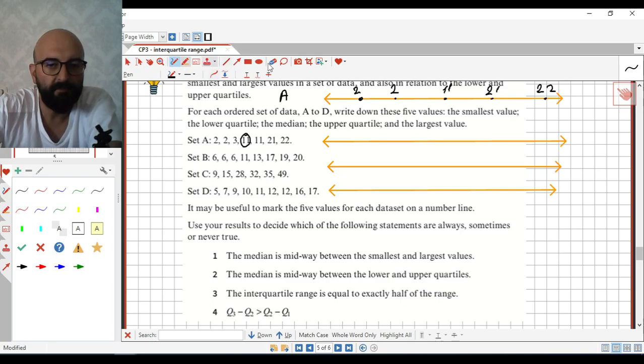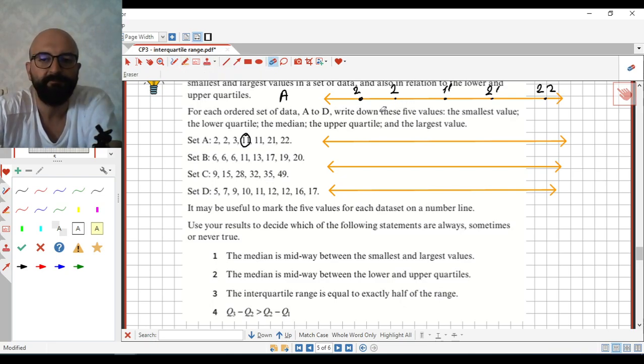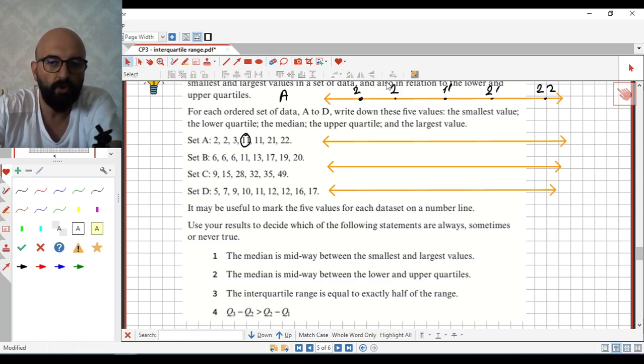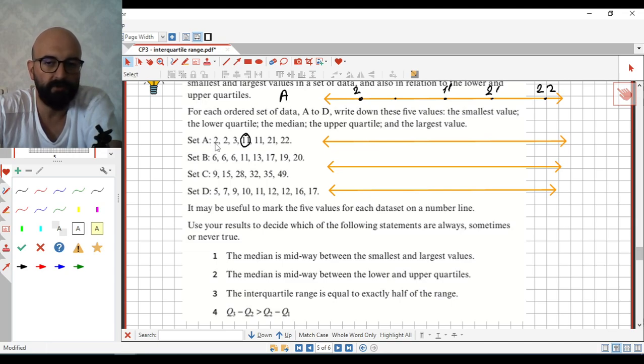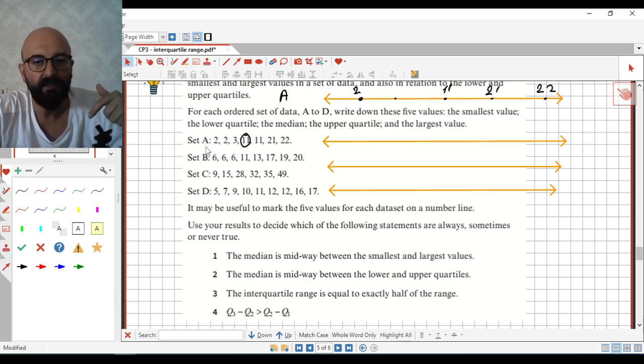But if I put the second point, it would be wrong, because we also have 2, so we can use it for both the smallest value and the lower quartile.